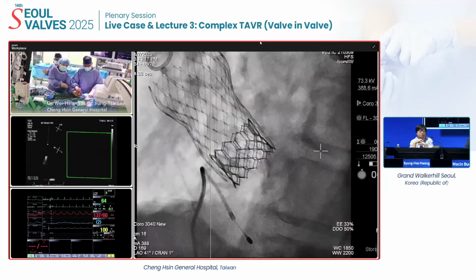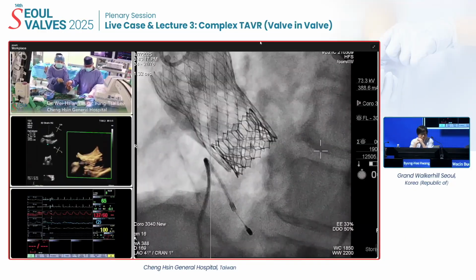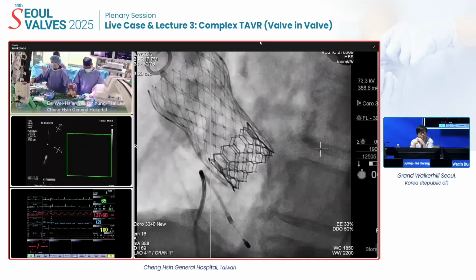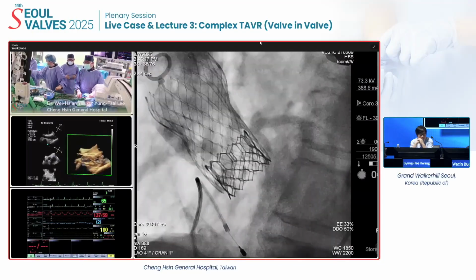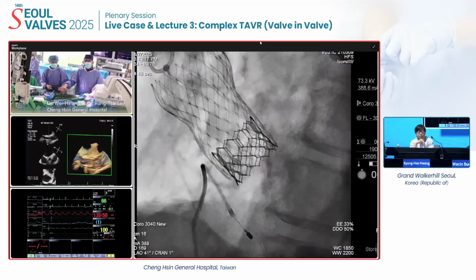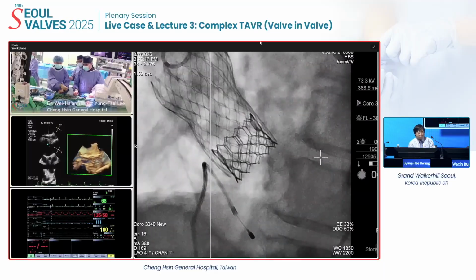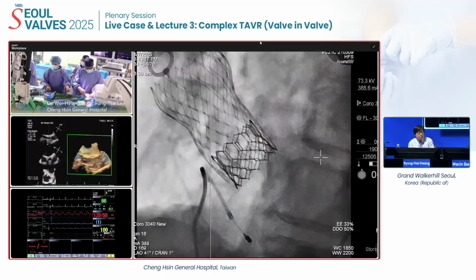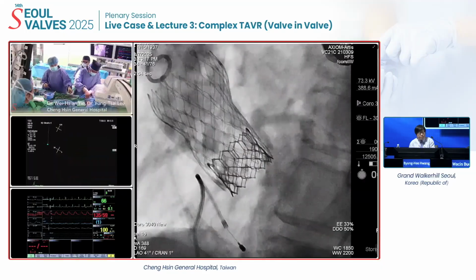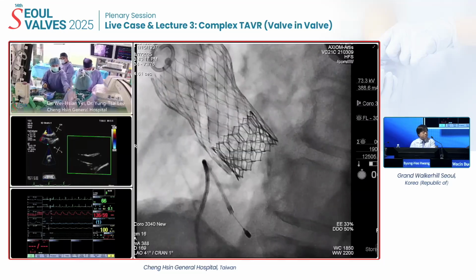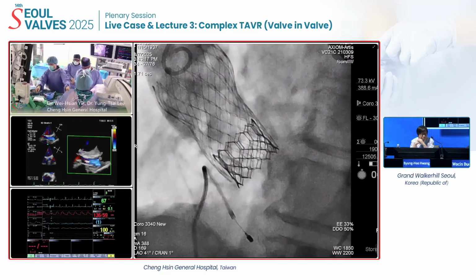After that, the new valve has functioned, and the patient can be stabilized. If you are not satisfied with the position, you can retrieve after the patient is stabilized and do the implantation again. That's the key. So self-expanding can still be done.